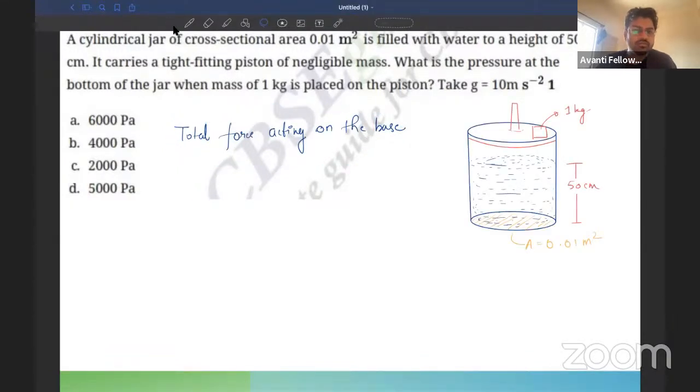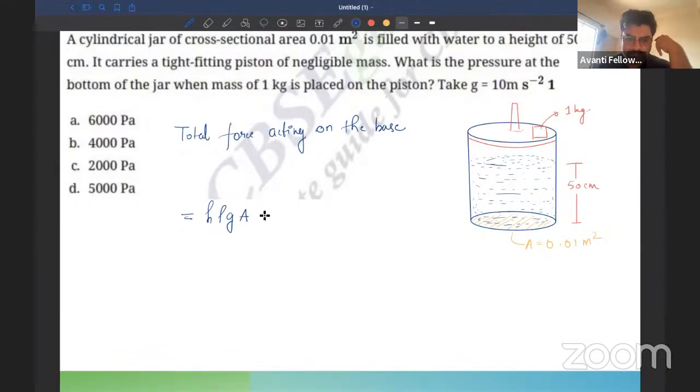Okay, so total force acting on the base is equal to, first of all, due to the height of the water, what is the force? Have you studied rho h g? h rho g, and area is A. h means height, rho is density of water, g is gravitational acceleration, and A is the cross section area.